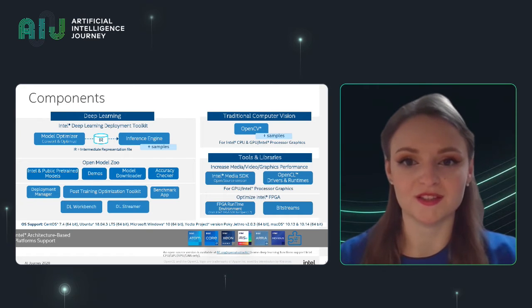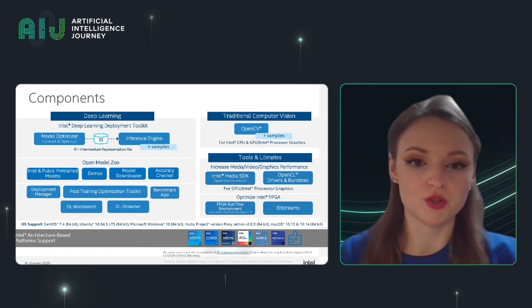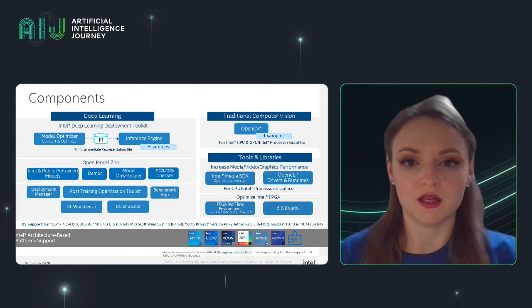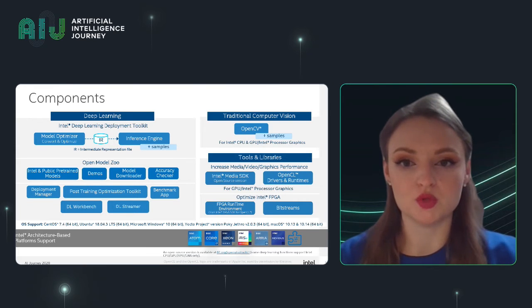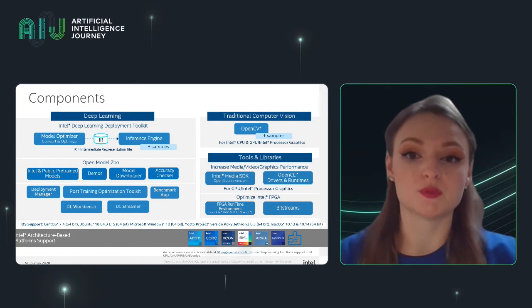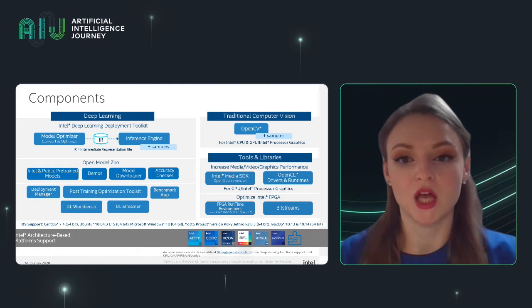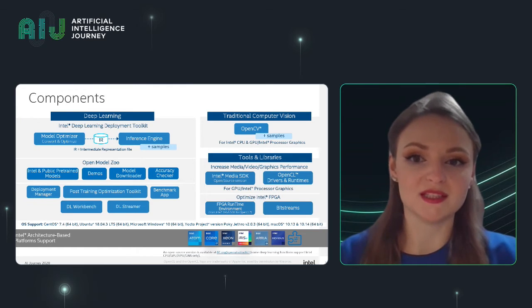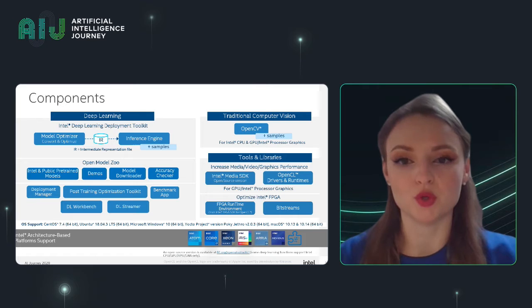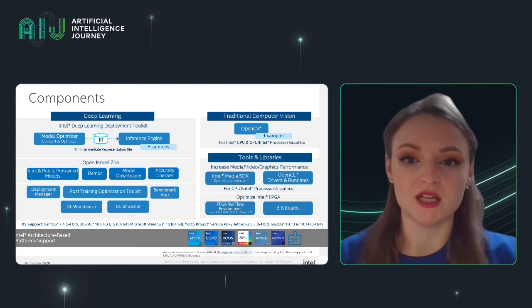It starts when the network is trained to solve certain tasks. We believe that you already have your network trained in a framework, and you can train it independently, or you can take it from the internet, or use our Open Model Zoo, which we are going to talk about today.